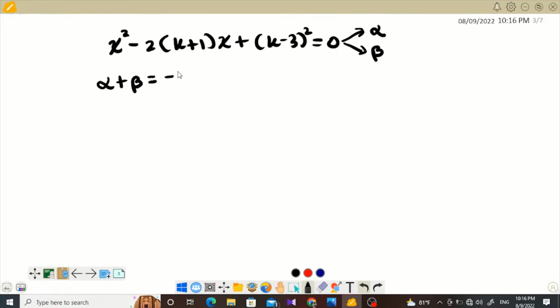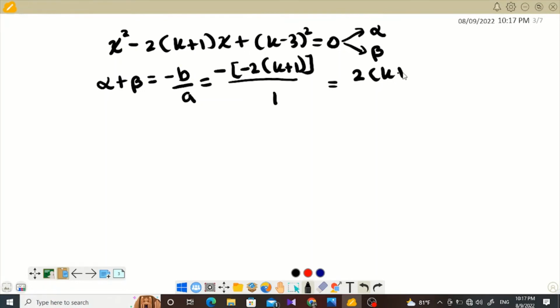We know that it is minus b divided by a, and I substitute values: minus of minus 2(k plus 1) divided by a, which is 1, which becomes plus 2(k plus 1).